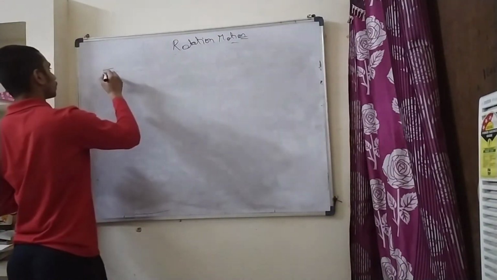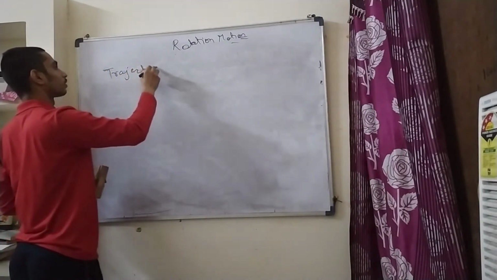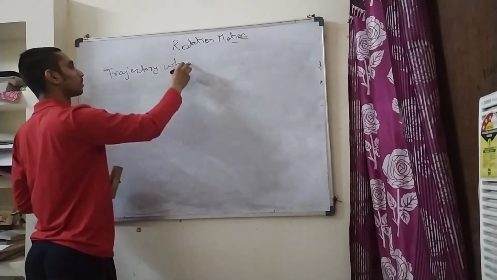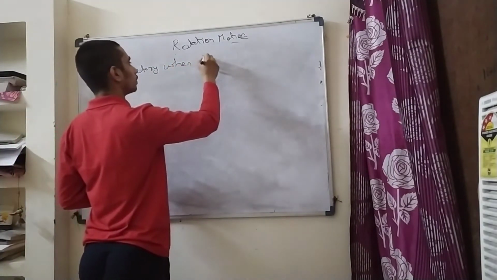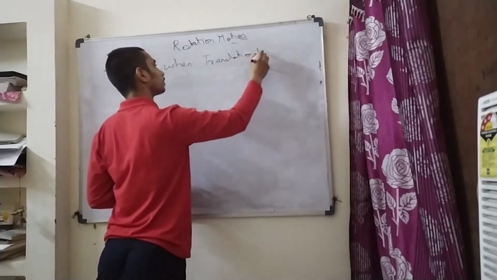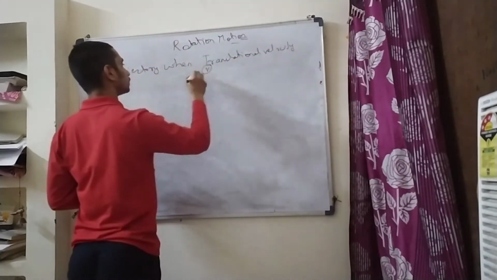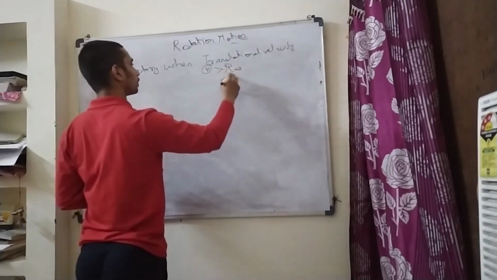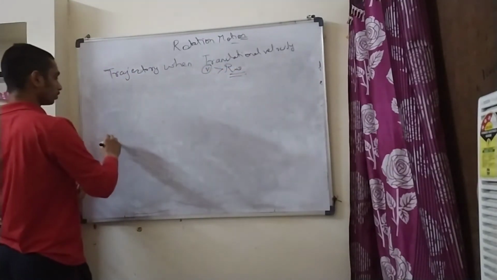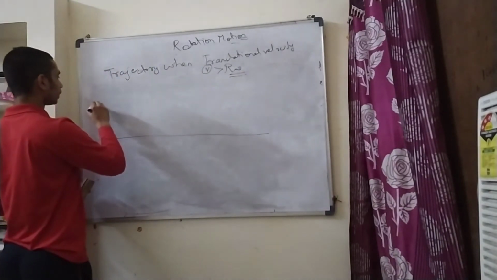Trajectory when translational velocity v is greater than r omega. So what will the figure be? It will be like this.